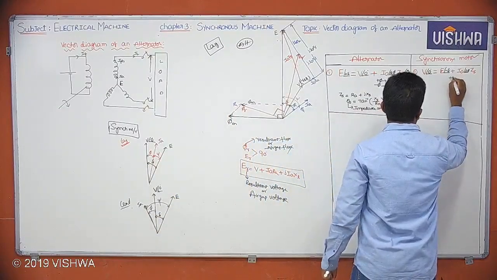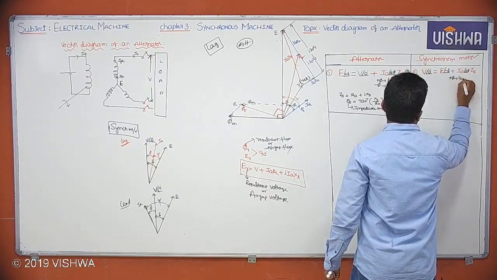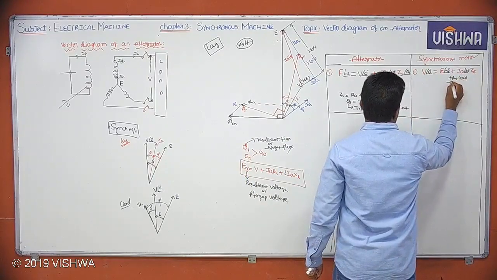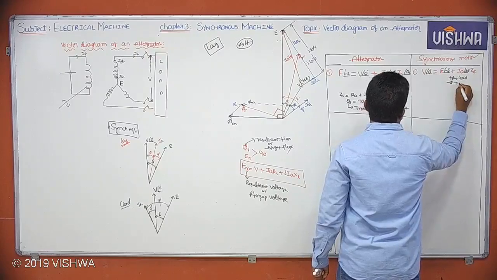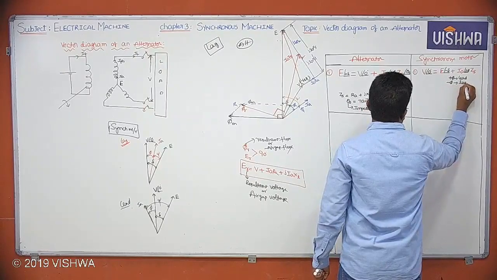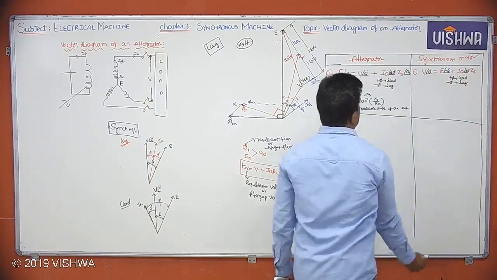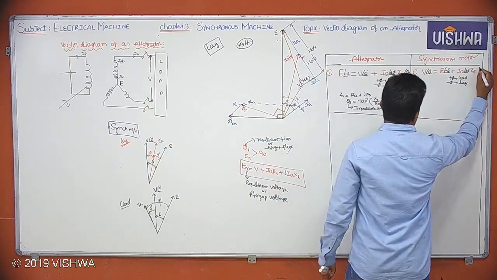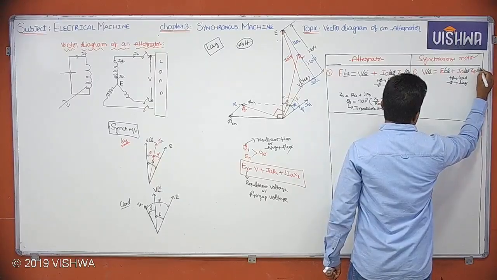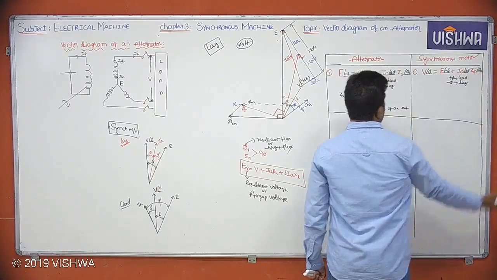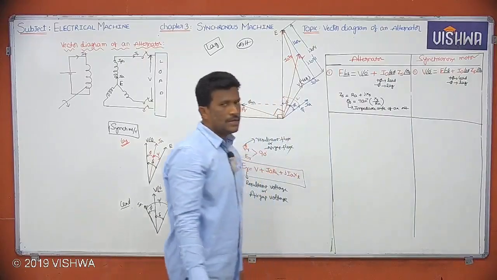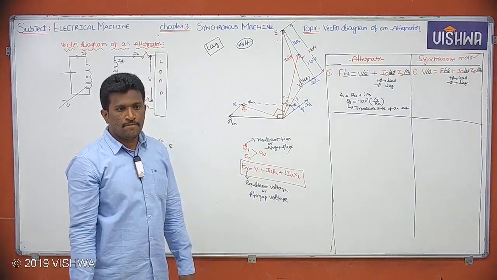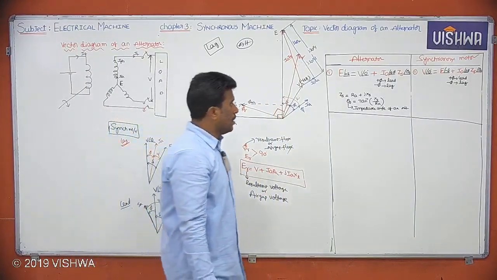I can write plus phi when the synchronous motor is operating at leading power factor, minus phi when synchronous motor is operating at lagging power factor. ZS at an angle of what? An angle of theta, yes. Is it clear?